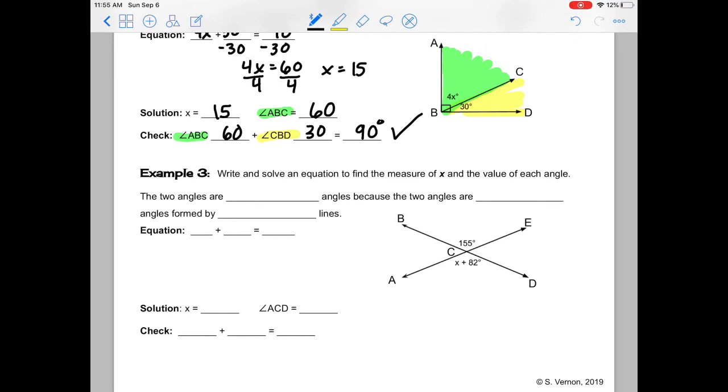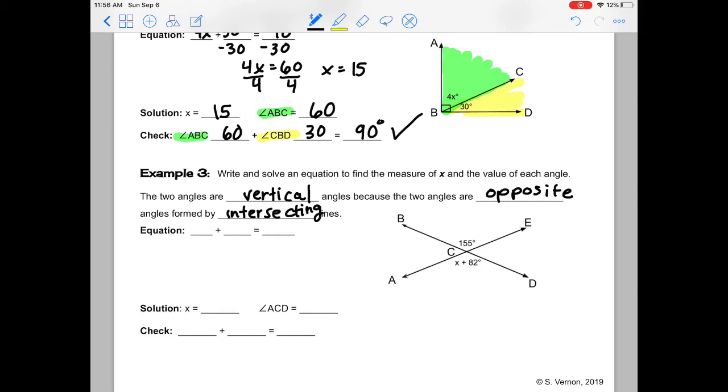It says two angles are blank angles because the two angles are blank angles formed by blank lines. In this example, we have intersecting lines. This tells us it is vertical. The two angles are vertical angles because the two angles are opposite angles formed by intersecting lines. The lines are intersecting because they are crossing each other.